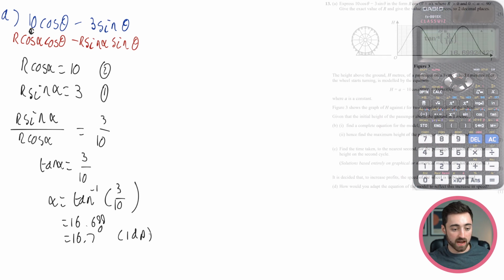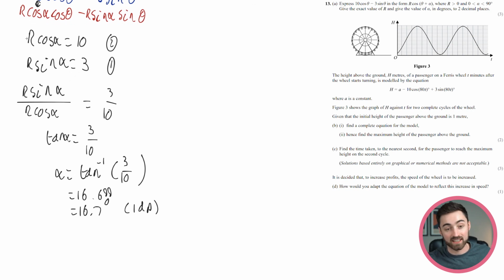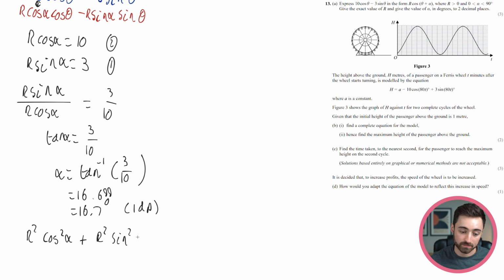Okay, and then basically the identity we're going to use for getting the r is we're going to square both sides and then add them together. So essentially you would get r squared cos squared alpha plus r squared sine squared alpha is equal to 10 squared plus 3 squared.